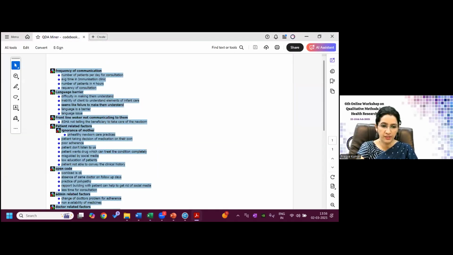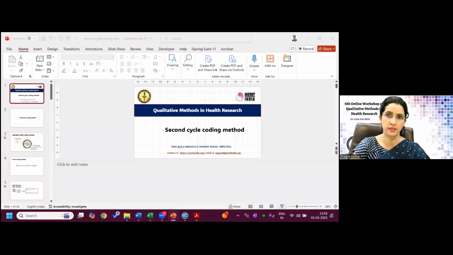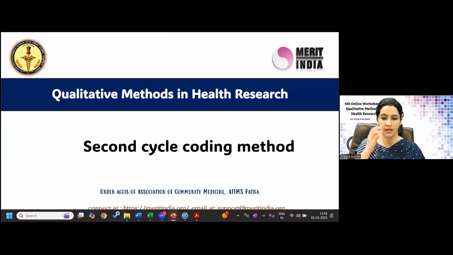Now coming to the second cycle coding method. We discussed the first cycle coding method, and in the first cycle, generally you stay more descriptive in nature, and you are not trying to have an in-depth meaning or interpretive analysis.